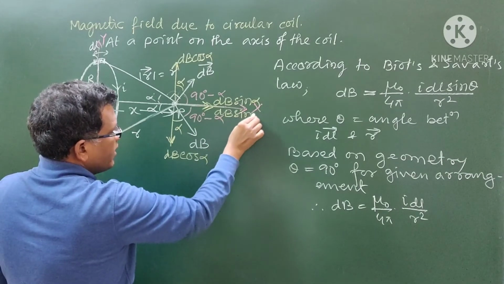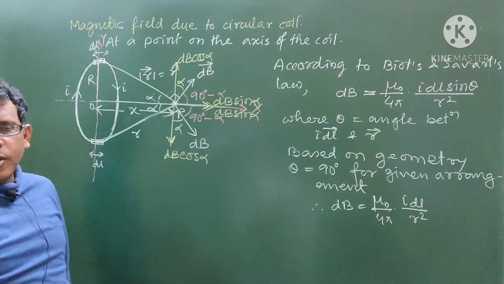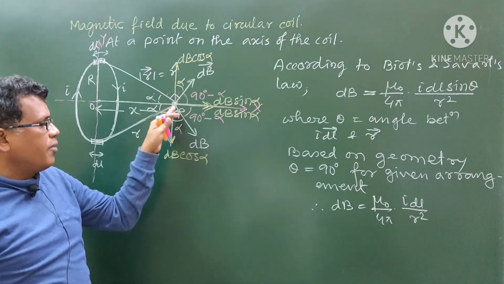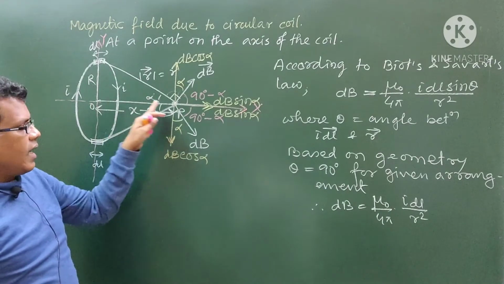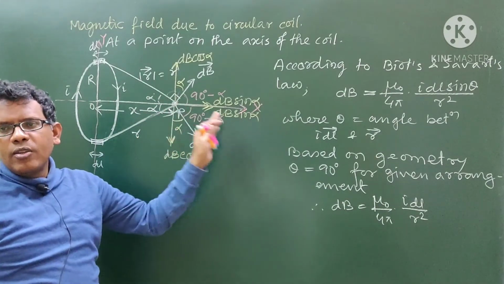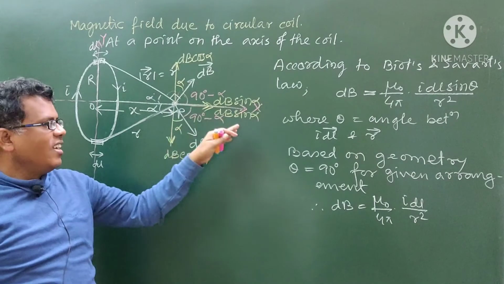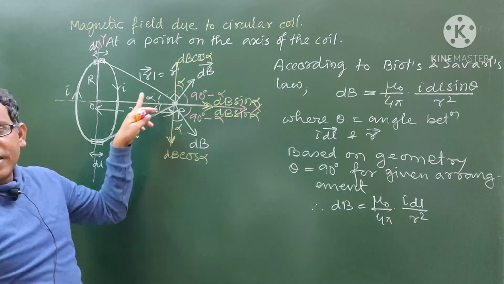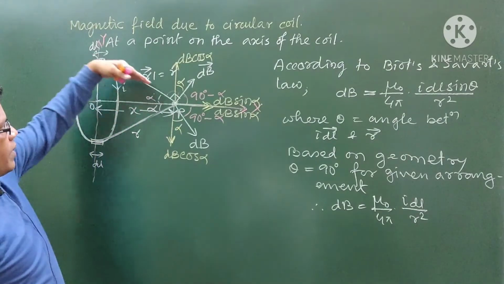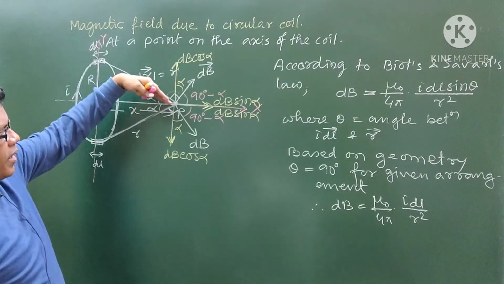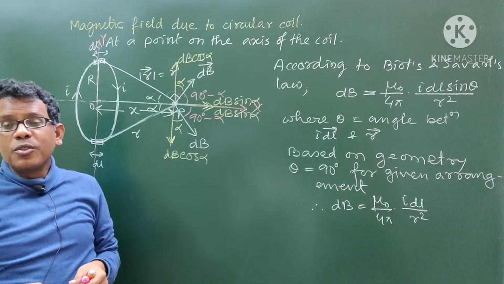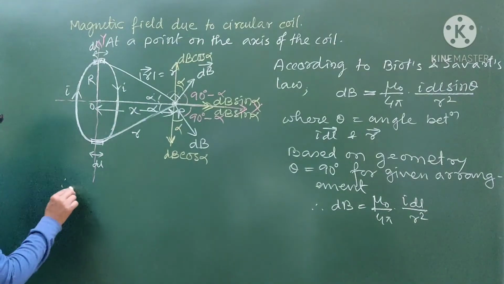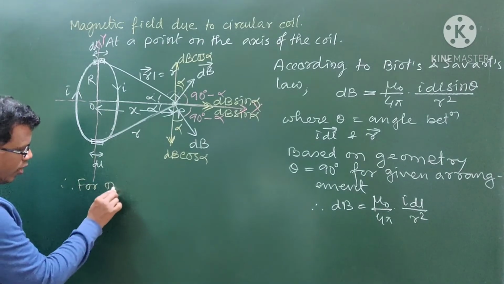So we can see that for one pair of diametrically opposite current elements, the resultant magnetic field at an axis point will be along the axis line, and that is the sum of dB sin alpha, where alpha is the angle subtended by the slant line joining the element to the required point with the axis of the circle, right?